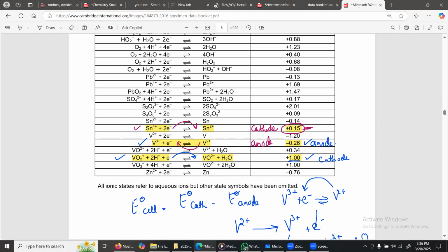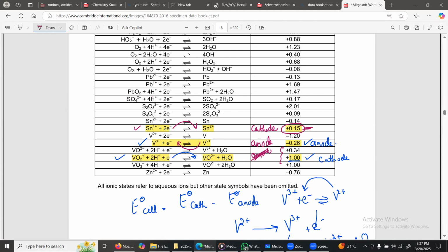In both cases, as you can see over here, the VO2+ equations are more positive than that of Fe2+. If these are more positive, then they cannot act as an anode, because their redox potential is greater than that of iron.